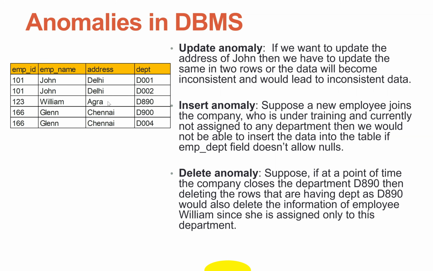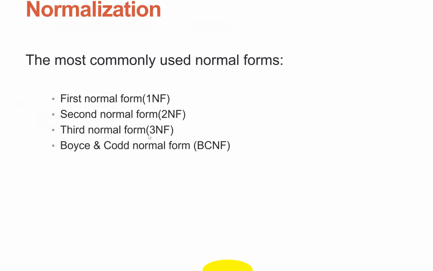If I'm going to update the address of John, we have to update the same row two times, right? If I update the address of the particular employee, yes, we have to update two times. And here also two times. If I'm going to insert one more department, then you will have one more record. And delete also.